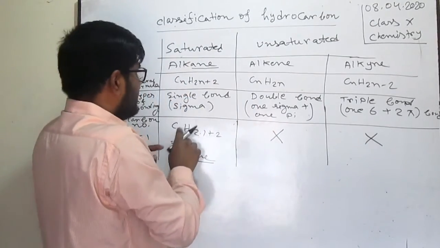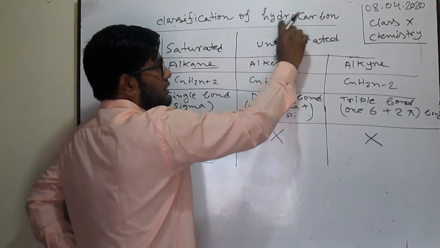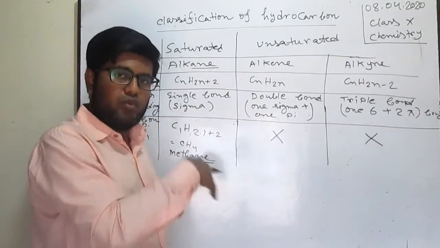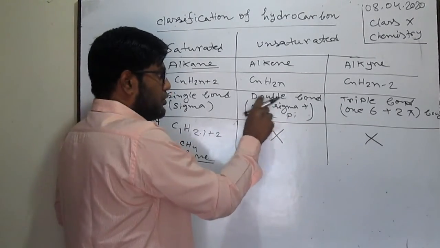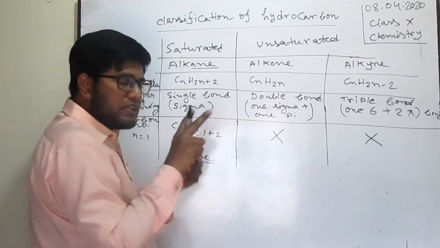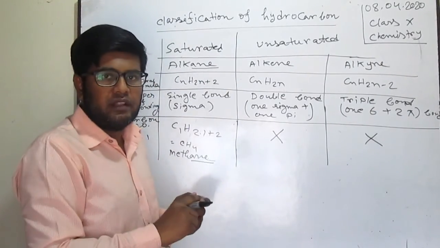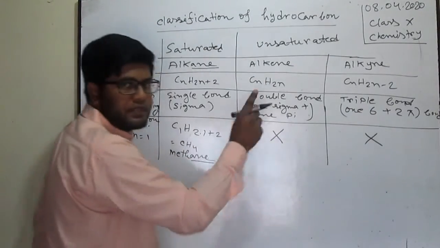But this is hydrocarbon. A compound which is made by carbon and hydrogen is called hydrocarbon. You know this, I told you earlier. But no double bond is present between carbon and hydrogen because the valency of hydrogen is only 1. That's why no alkene, no alkyne is present for carbon number 1.